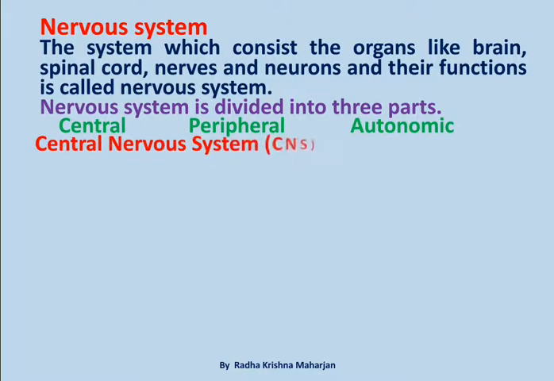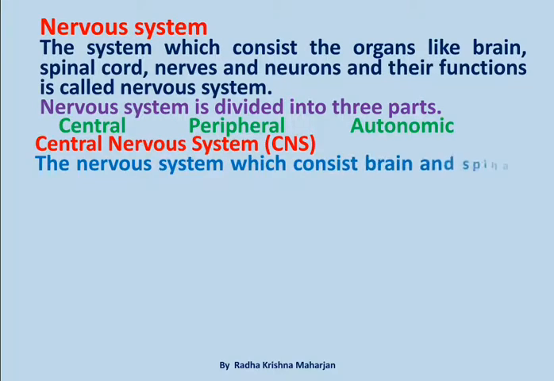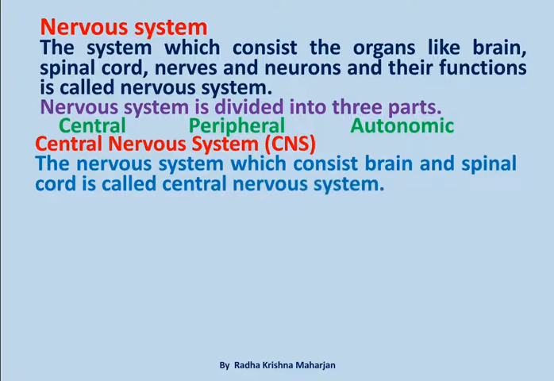Central nervous system, CNS. The nervous system which consists of brain and spinal cord is called central nervous system. Brain.